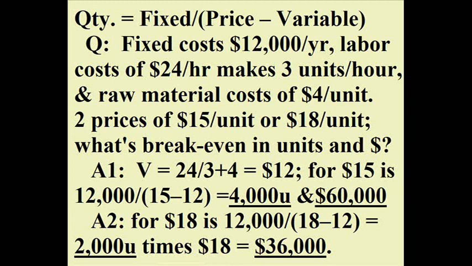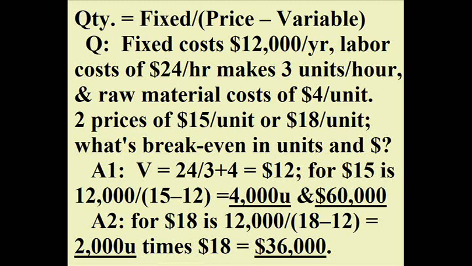What's the break even? And by the way, also, let's figure that in dollars. Well, the variable cost is that 24, but we make 3, so that's actually $8 per unit, plus 4 makes 12. For $15 as a price, we're going to have a profit of $3 a unit, is 4,000 units, thus $60,000.